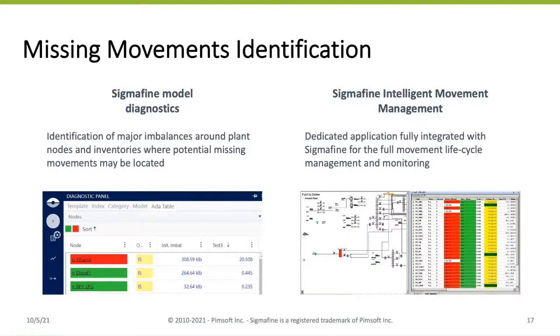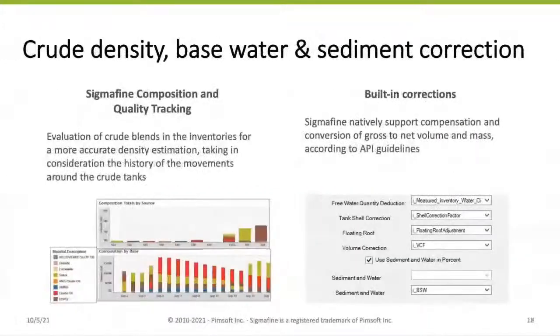So it's easier to detect if something is missing, is not declared, or, for example, you see an inventory change, but no movements declared to that specific tank. And so we decrease the level of human errors and consequently also the impact both on the daily production accounting and on the loss accounting.